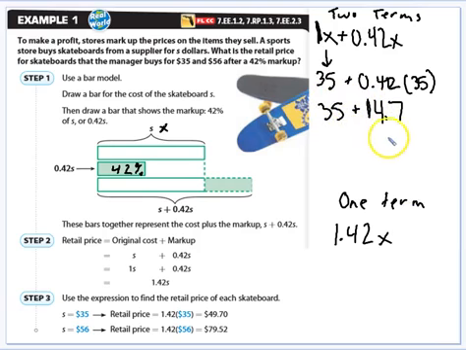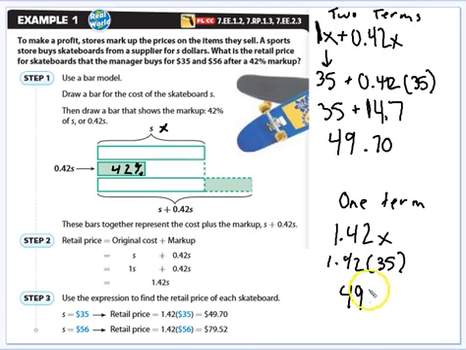So we're going to get 49.70. And then let's work this out: 1.42 times 35 equals 4,970 with two decimal places. Oh, 49.70. You can write it either way.